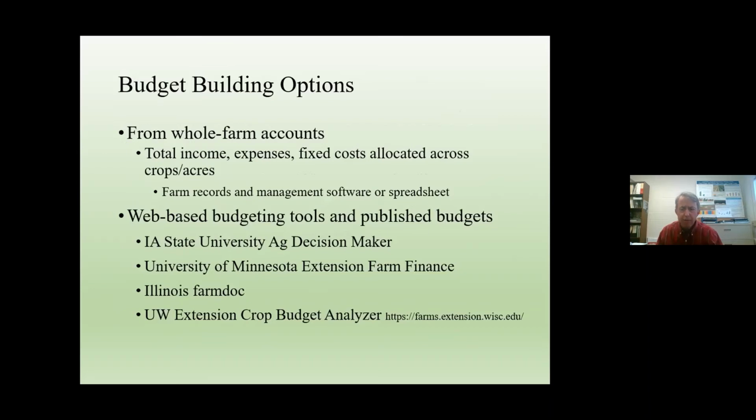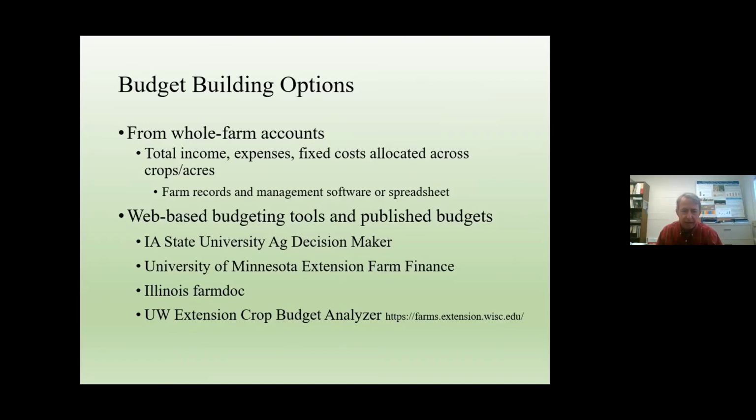So how are we going to pull these numbers together to build a budget? In addition to the field operation costs, we can use our whole farm accounts. We probably need to use our balance sheet to come up with the asset values. Or again, we can go to one of these web-based budgeting tools.